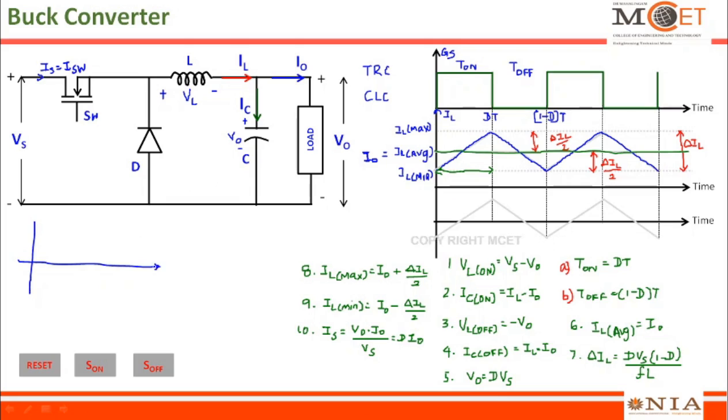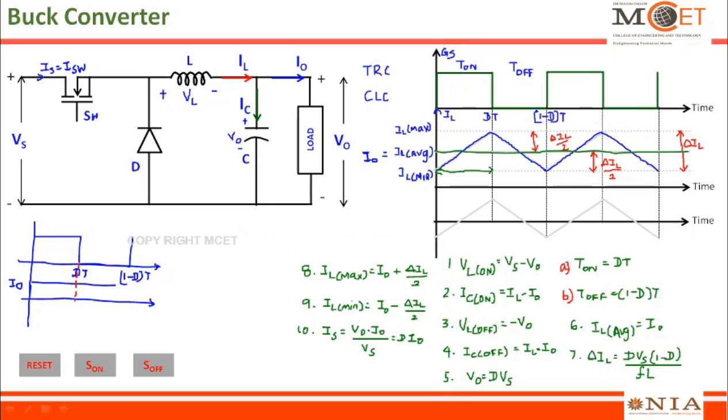The switch is on only for the duration DT, and then it is off for 1 minus D into T. This is the duration where the switch is on, and this is the duration where the switch is off. Let us assume that the current through the load is constant and let it be I0. So when the switch is on, there will be some amount of current flowing through it.